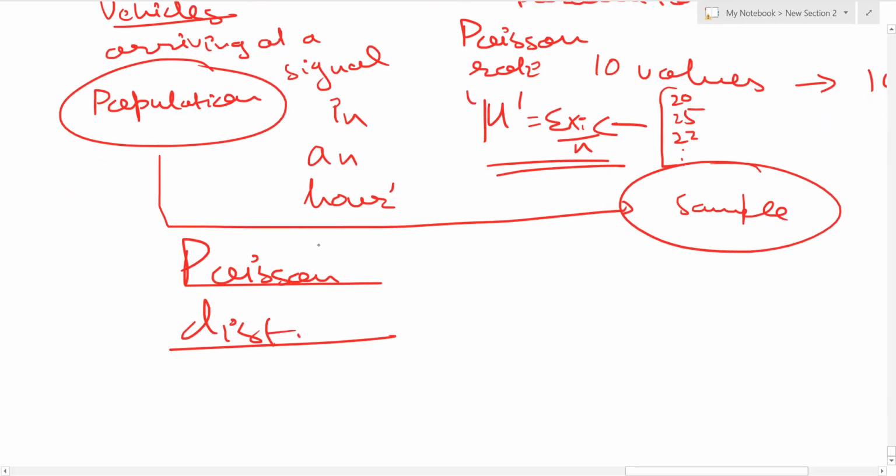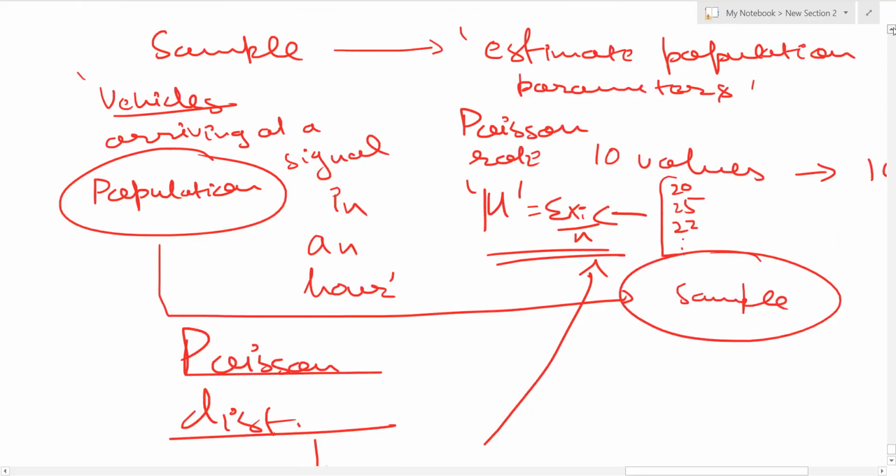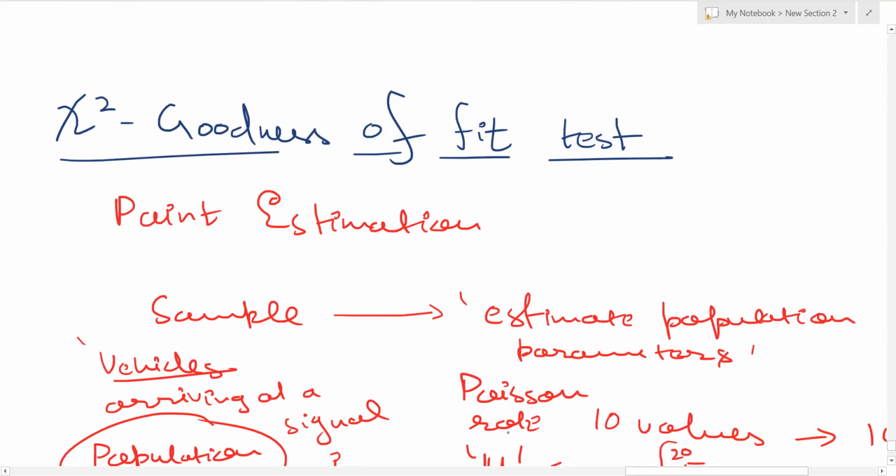What if the vehicles are not arriving with a Poisson distribution, and you assume an incorrect distribution and this rate mu? Then obviously, if the assumption is incorrect, the estimate that you have found is also incorrect. So that is what we are going to do here in the chi-square goodness of fit test.